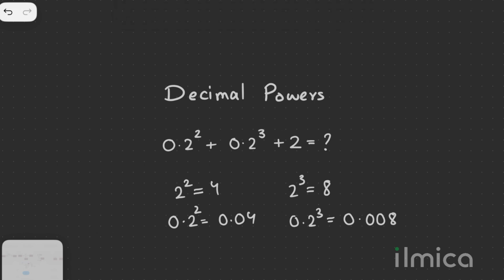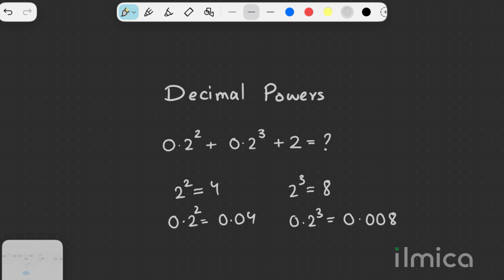Again, notice that because it was cube, the 8 over here goes to the first, second, and third position. Remember that I am noting down the position after the decimal value. Okay, so after the decimal, what's the position? You have to note down the position based on the power. If it's 3, the position is going to be 3. If it's 2, the position is going to be 2.